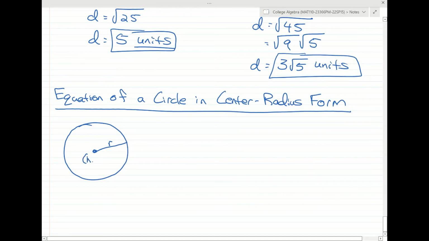Let the center be h, k, and a point on the circumference of the circle be x, y. Using the distance formula, x minus h squared plus y minus k squared equals the radius squared.